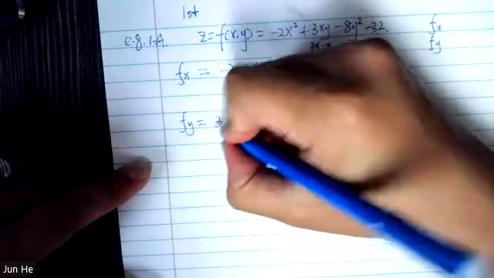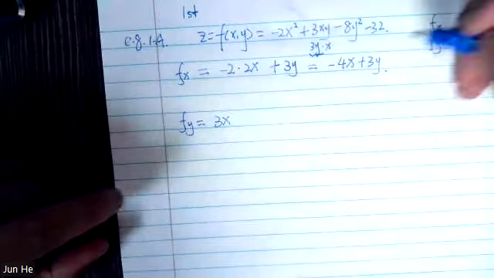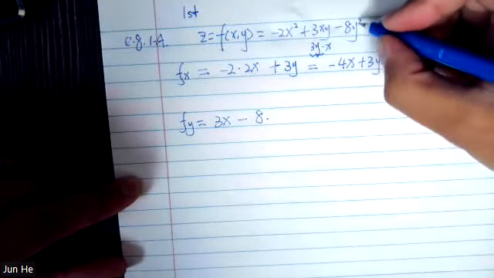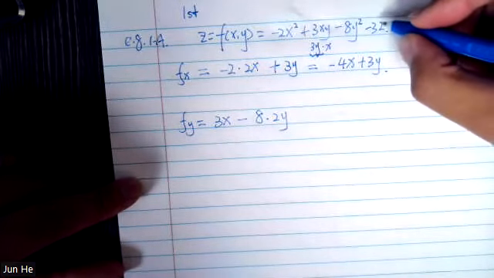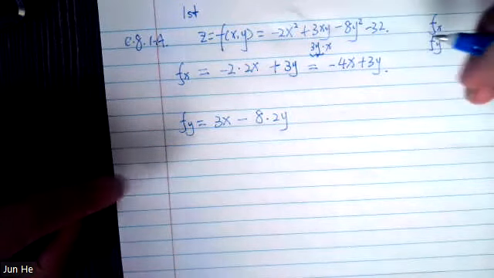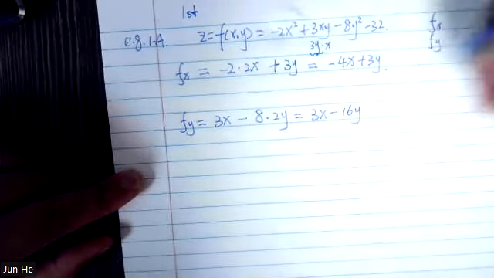So the derivative of 3xy with respect to y is 3x, minus 8 times y squared. The derivative of y squared is 2y, and minus 32, that's a fixed term, that's a constant. The derivative of constant is 0. So the result is 3x minus 16y.